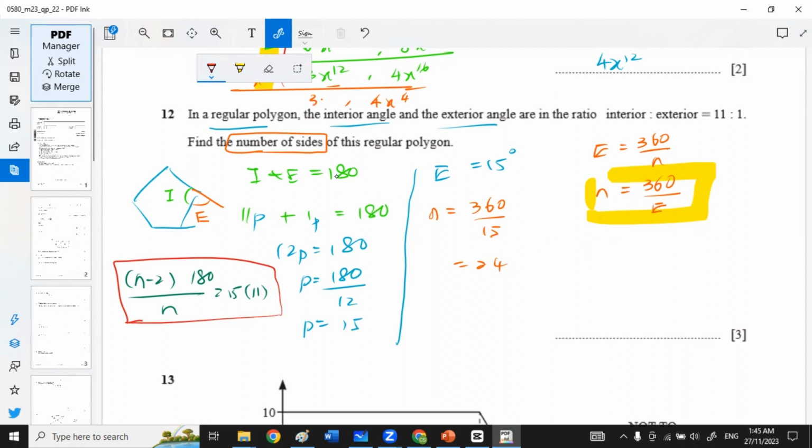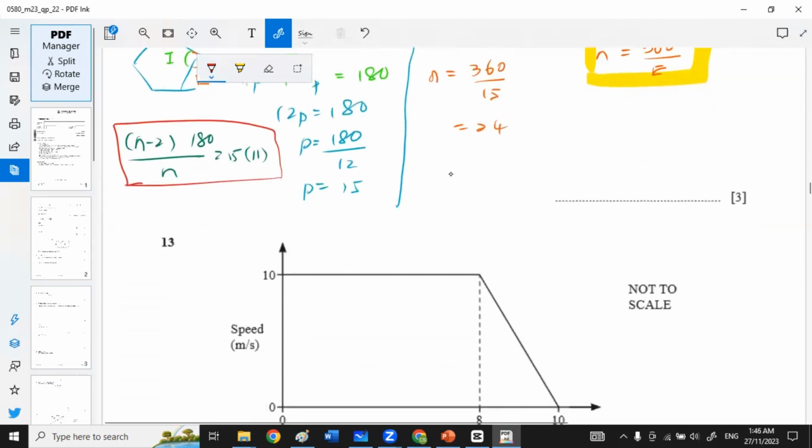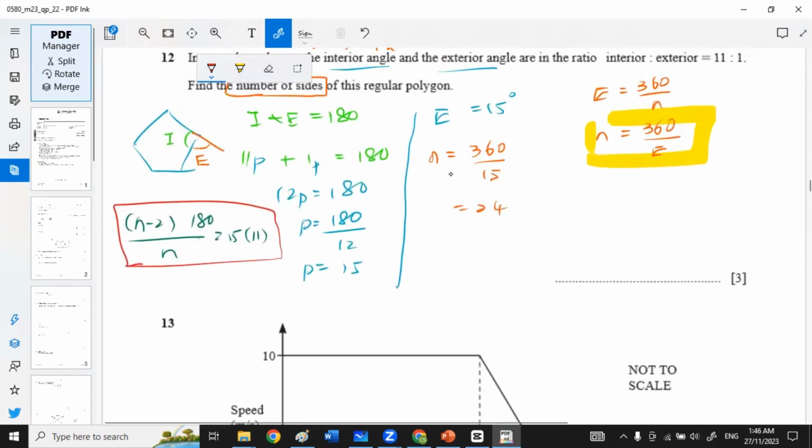So to find the number of sides, it will be faster if you use the exterior angle formula. Even if the question gives you the interior angle, you just minus it from 180, you should get the exterior angle. So yeah, the number of sides will be 24. You're going to use this, so take this in.